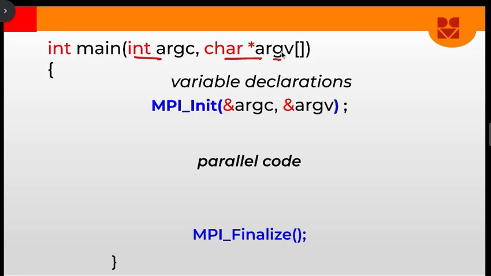So if you include 4 arguments after running your code, then argc will take 5, because the first argument would be the file name that you are running, and then the rest 4. So that will be 5 arguments, and then the argv will just be the arguments that you add.